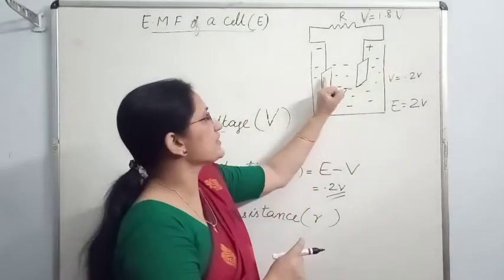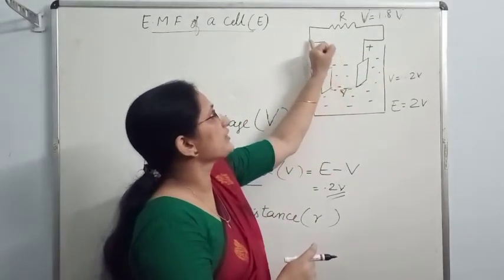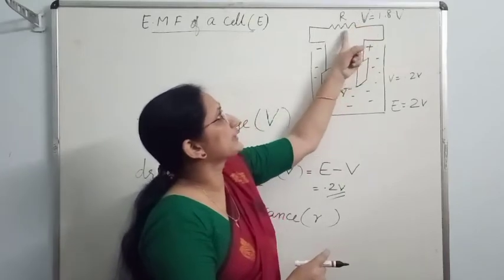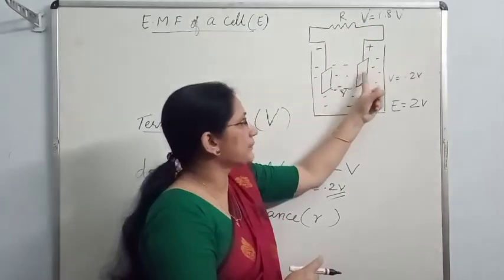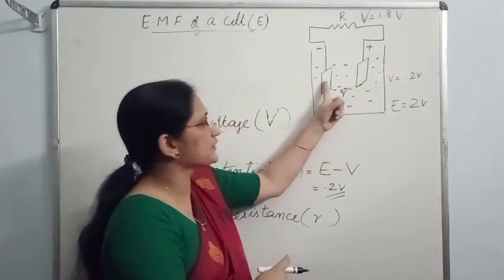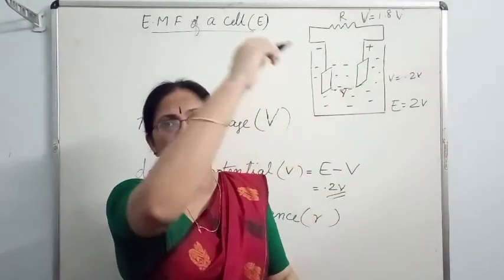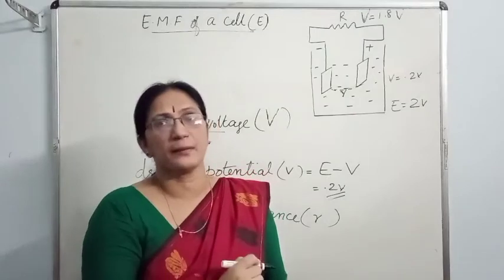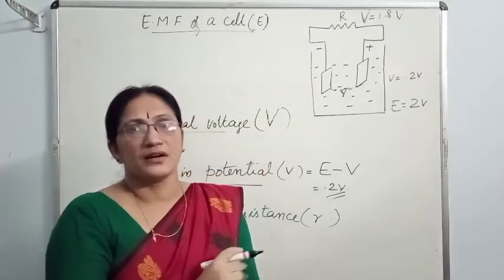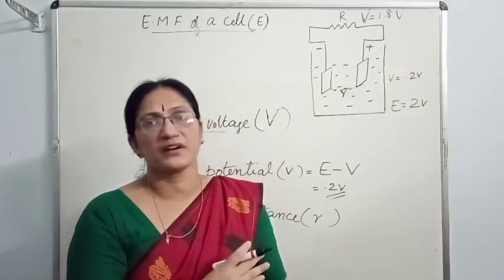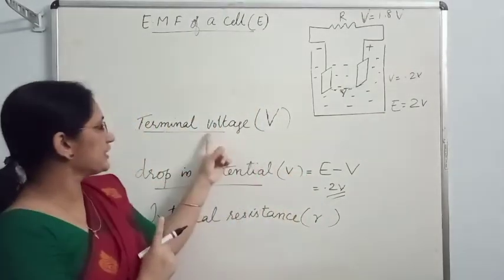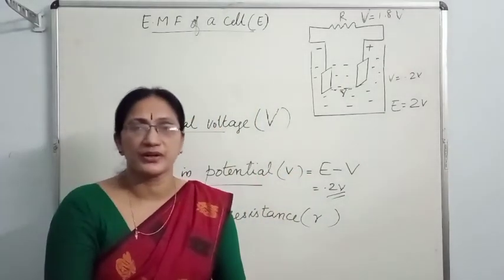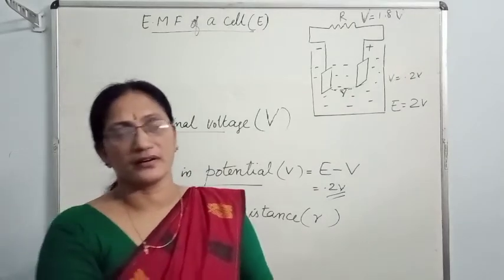Entire circuit means from one electrode it reaches the other electrode through the external circuit or external resistance, and from there it reaches back to the starting point. Then we call the circuit completed. During this journey, how much work is done by 1 coulomb charge? That is EMF.